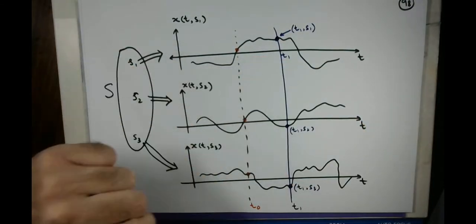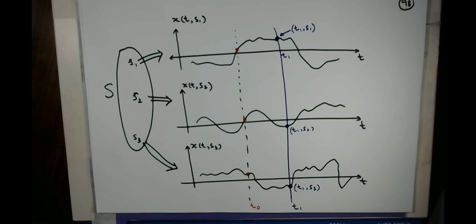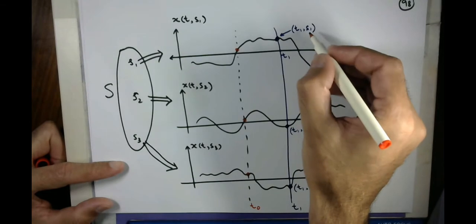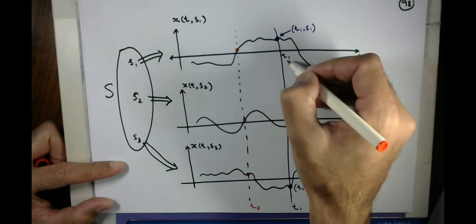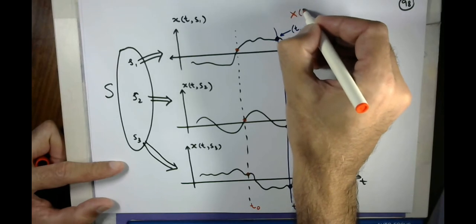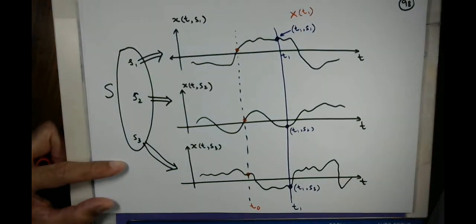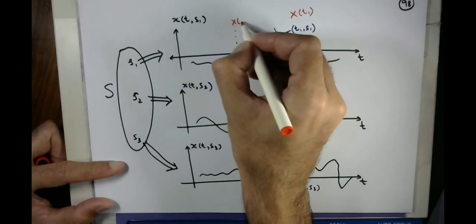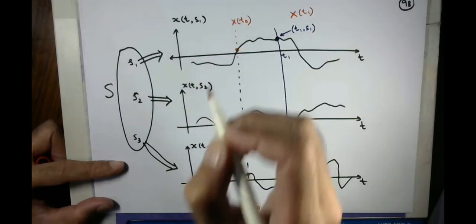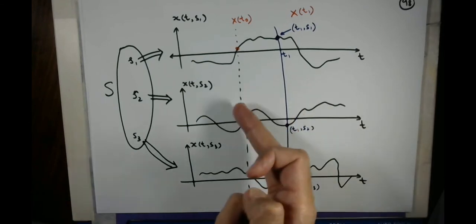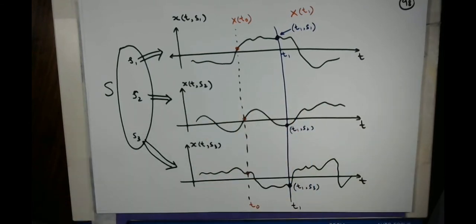So you see, this is another random variable. Here we have obtained a random variable by fixing time at t1. So the random variable is x obtained at t1, and the random variable here is basically x obtained, say, at t naught. So you can have many possibilities of such random variables.